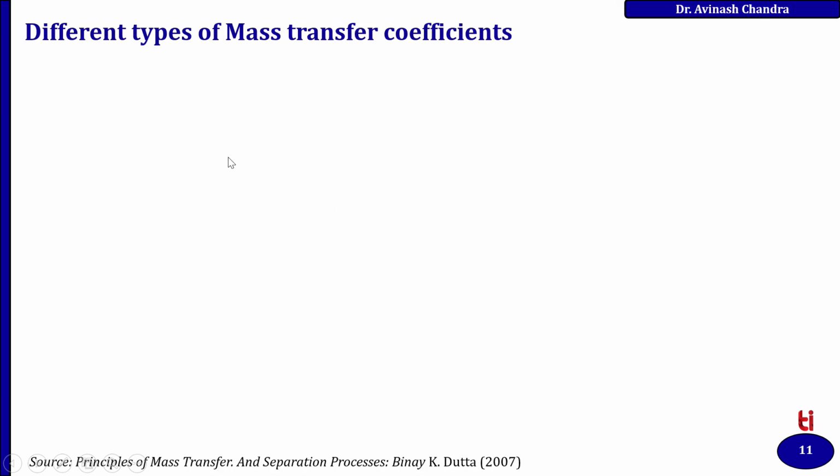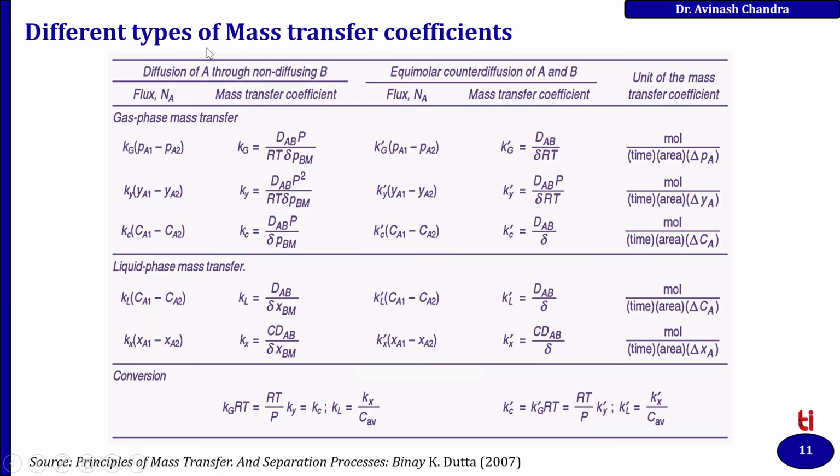So, different types of mass transfer coefficients are listed in this table, where this is for gas phase mass transfer, this is for liquid phase mass transfer, and this provides the conversion. In this column, the mass transfer coefficients for the diffusion of A through non-diffusing B, and on this side the equivalent counter diffusion of A into B, and this is the unit of the mass transfer coefficient. So, taking case by case, here kg into Pa1 minus Pa2.